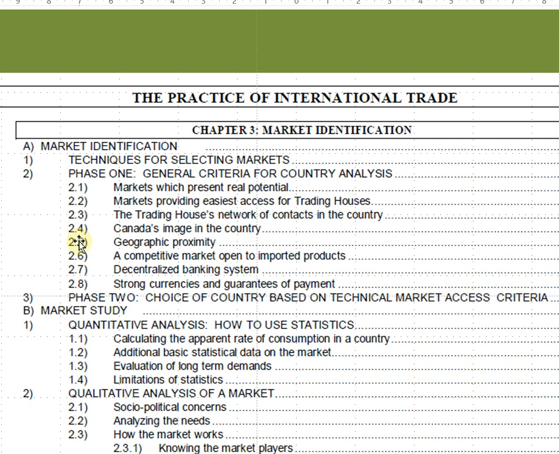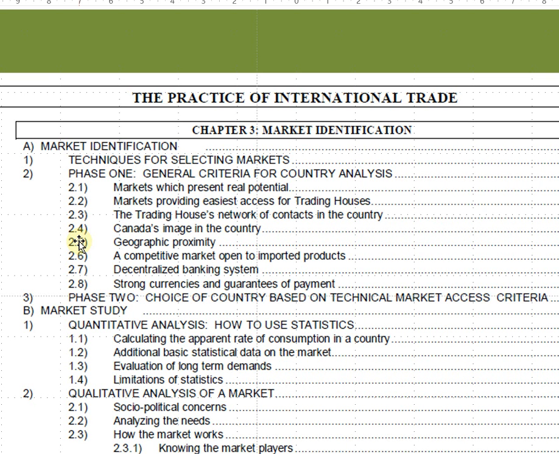In this text, the country focus is on the Canadian area, so as an example we will proceed with Canada.